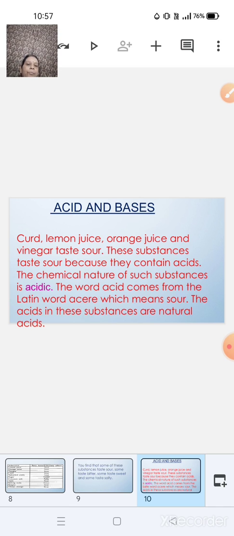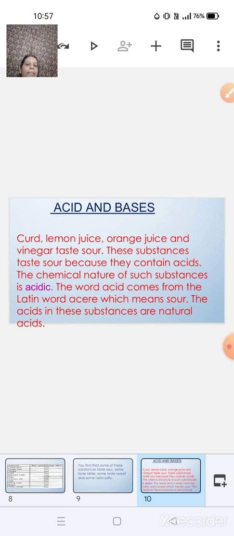These substances taste sour because they contain acids, and the chemical nature of such substances is said to be acidic. You know, children, where this word acid came from? I hope you don't know. It's a Latin word, acere, which means sour.